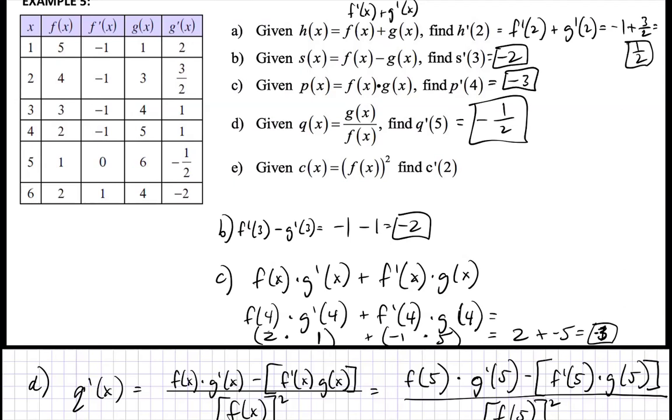Letter E I haven't done yet for a couple reasons. The first reason is that it's squared. It looks different, right? Which rule would we use for that one? Well, that one has a power, doesn't it?